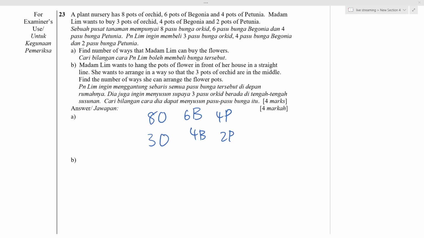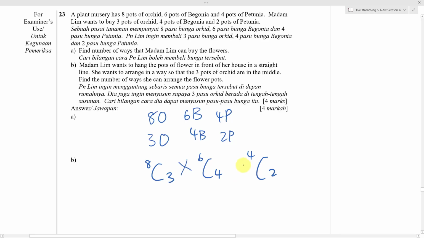Alright, so first thing you have to ask yourself, in this kind of case, do you need arrangement or not? If you need arrangement, then you will use P. But you buy the flowers, why do you need to arrange them, isn't it? So therefore, you don't need arrangement. So in this case, you use C. So I mean, 8 orchids here, you will choose 3. And then this one 6, you will choose 4. 4, you will choose 2. Now, you have to ask yourself, should you multiply them, or should you add them?